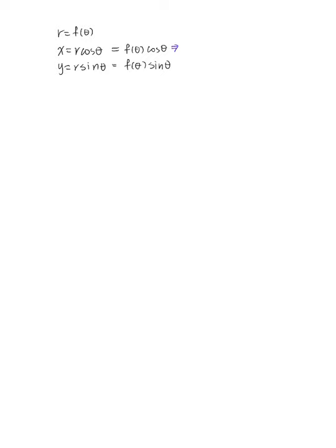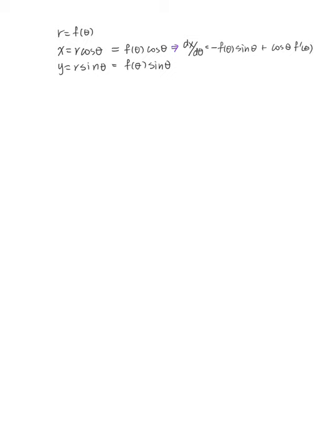then what we're going to get is dx over d theta. We're going to apply the product rule to get f of theta multiplying here by the derivative of cosine, which is negative sine. So you know what? Let me just bring the negative sign to the front. So you get negative f of theta sine of theta, and then plus cosine of theta multiplying here by f prime of theta.